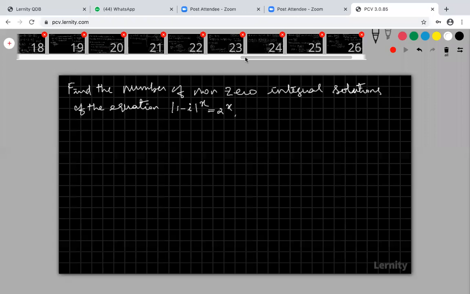Find the number of non-zero integral solutions.